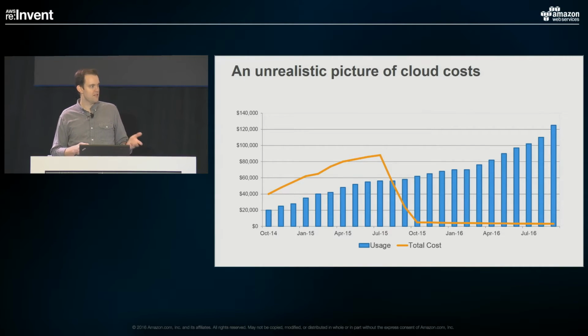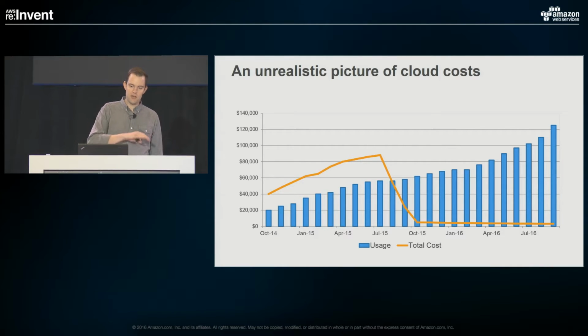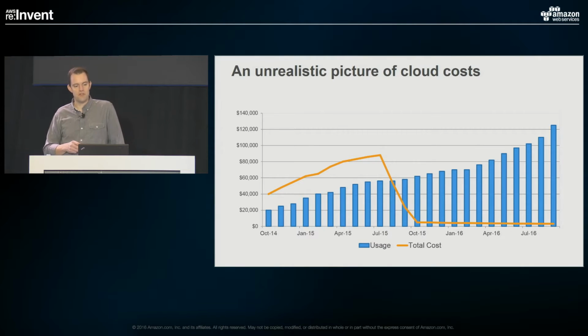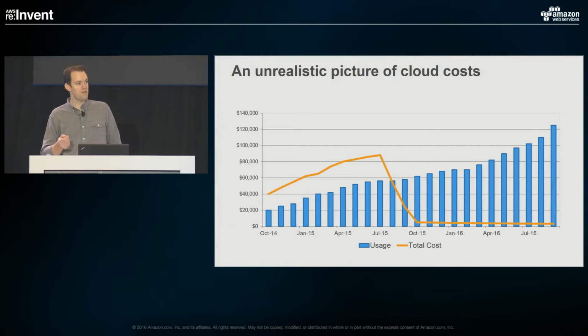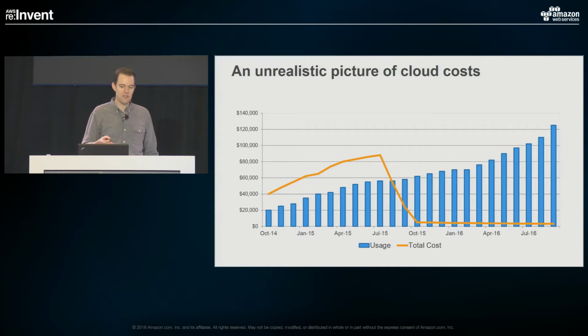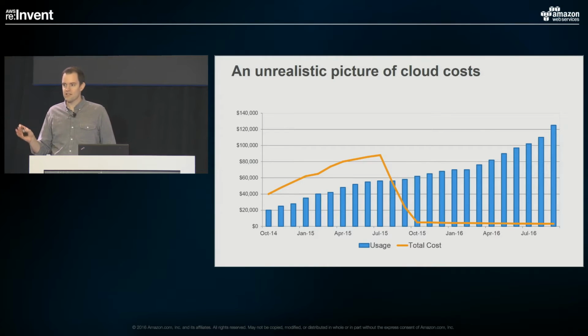The blue bars in this graph represent usage going up over roughly 2 years, anonymized usage data we've seen from a customer or two. And cloud costs are going up in the early days, tracking above usage. The actual specific numbers aren't exactly relevant, just the fact that it's trending higher than usage. And then somebody does some work, does some cost management, and then boom, costs go to virtually zero.